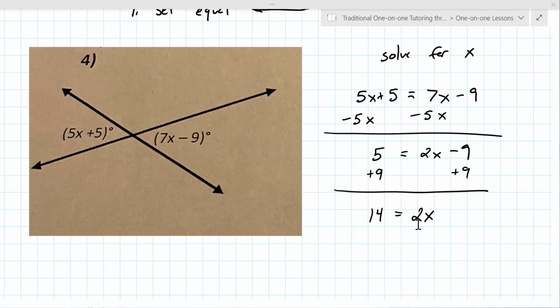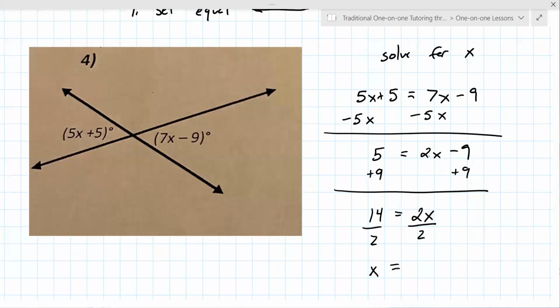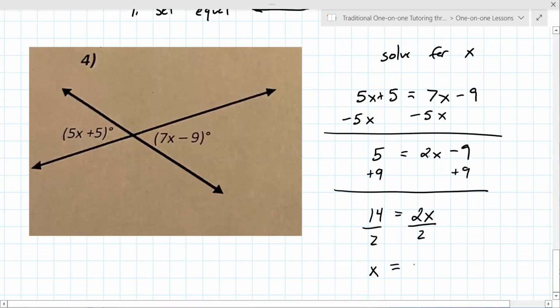I'll give you time to write it down. I'm asking you to follow along here. What is keeping x from being by itself? Dividing. You need to divide by 2. Yes. So what does x equal? 7. X equals 7. Awesome.